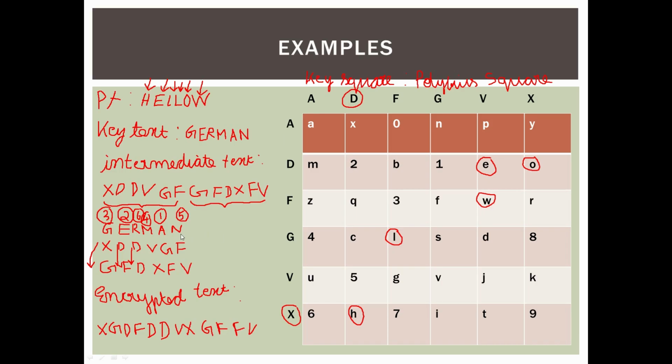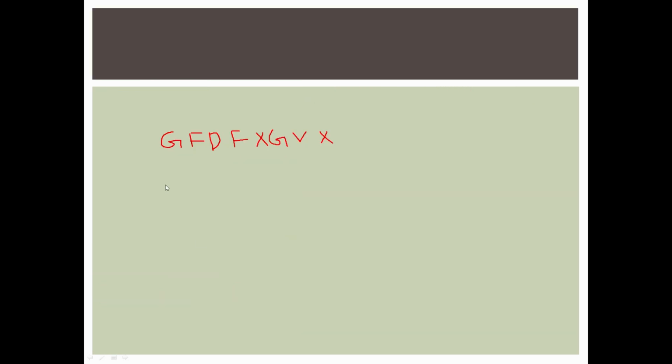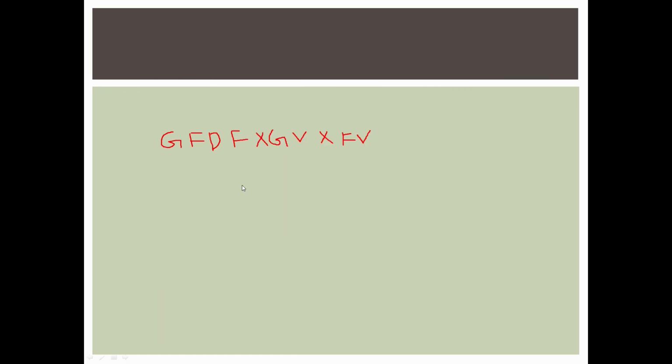and after that in the fourth position we have M, under which we get V and X. So write VX, and in the fifth position we have N, under which we get F and V. So write FV, and in the sixth position we have R, under which we have double D. So write that also.